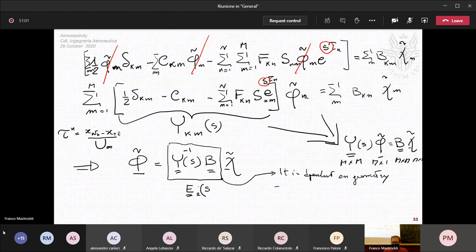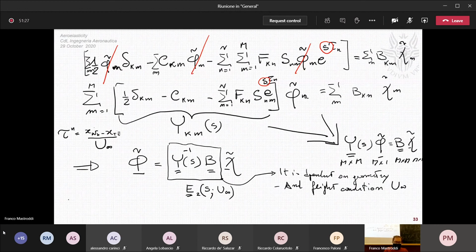Okay? But we have a but. So this is dependent parametrically on U infinite. However, look what happened here with this exponential.